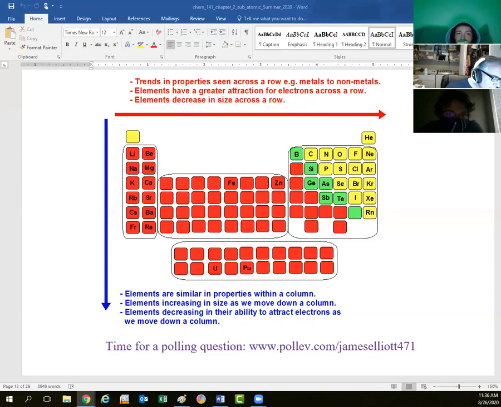We did a poll yesterday and now I'm trying to find how to clear. Ah, there we go, clear.